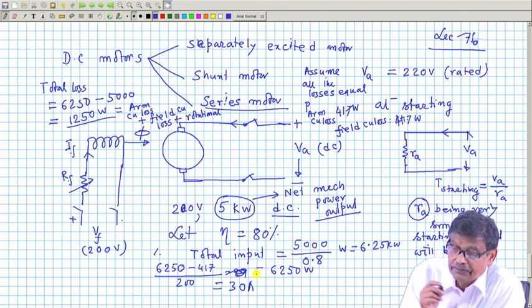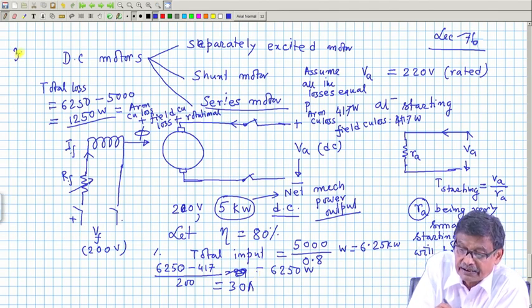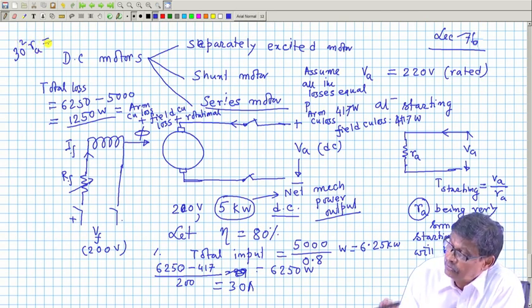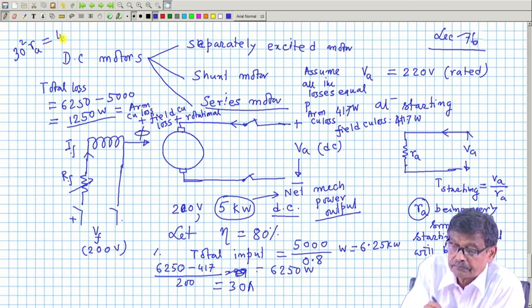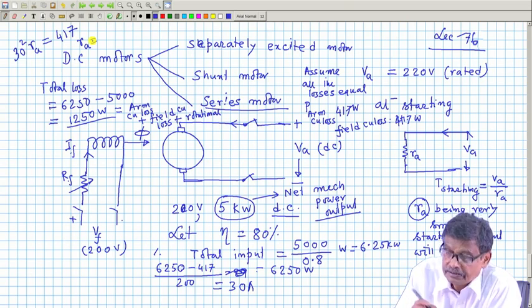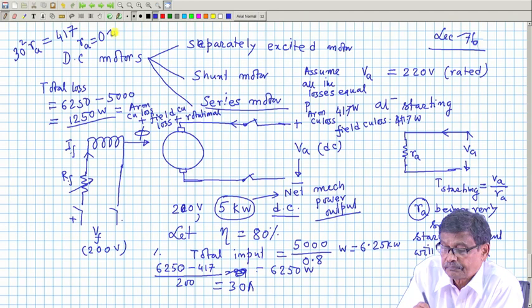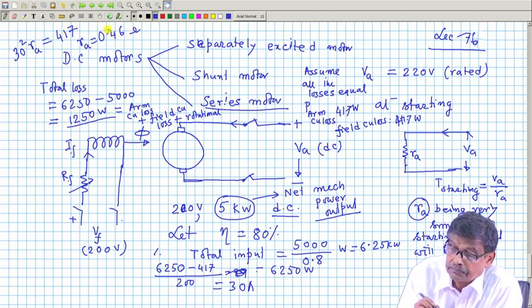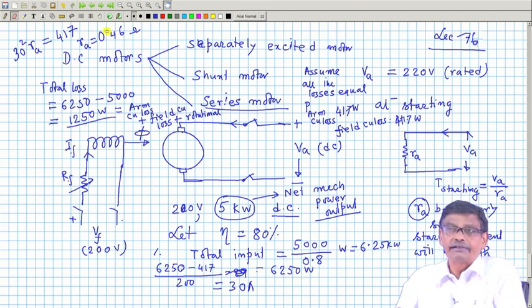Then this armature current Ia square into Ra is equal to 417 watt. So, Ra is how much? 0.46 ohm. See, try to understand what I am doing here.